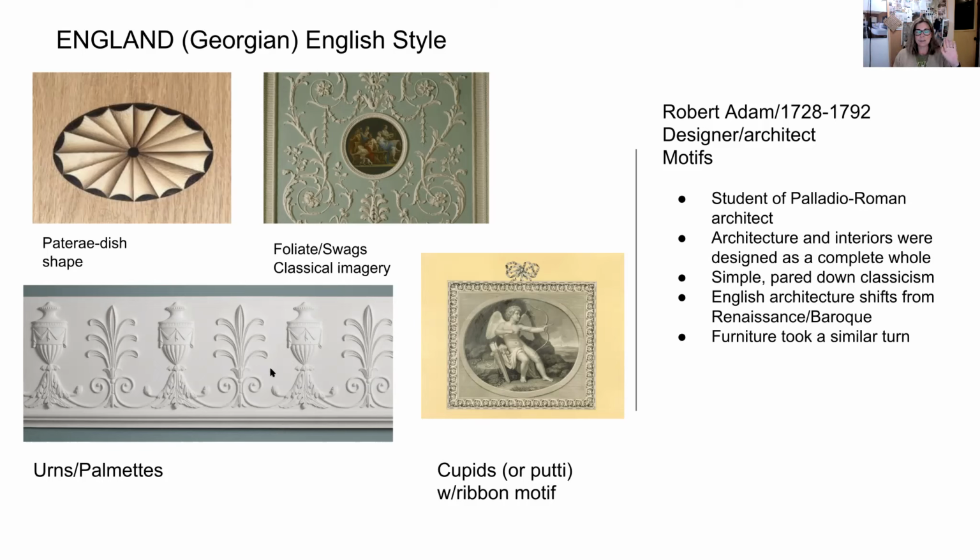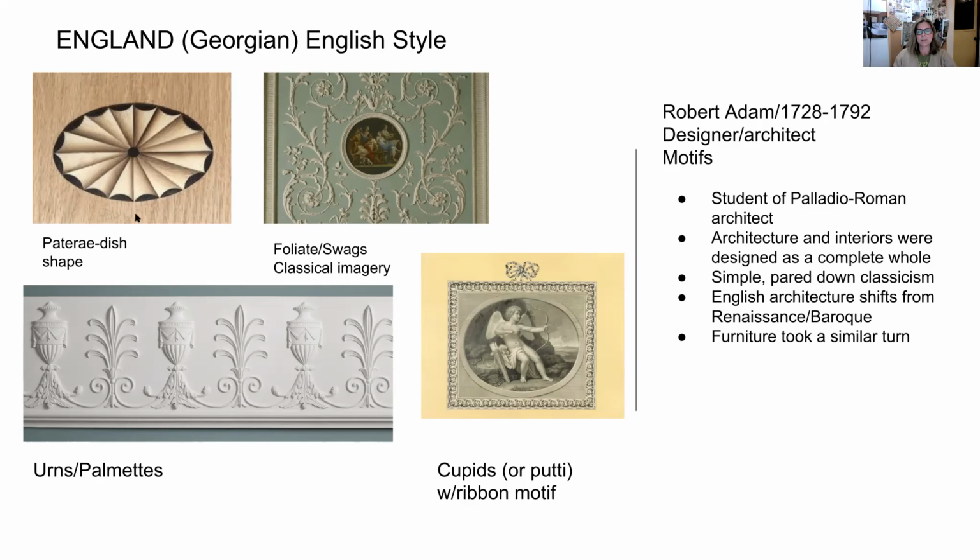I love it in the molded or carved. It looks like molded plaster. But then look at this. We've got swags, we've got foliate, we've got all kinds of leaves and designs just swirling around. Really, really pretty. This is a very common pattern that he would repeat constantly, or a dish shape, sort of like maybe a platter.